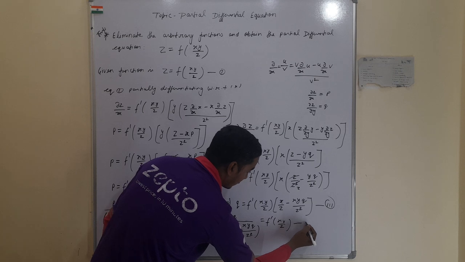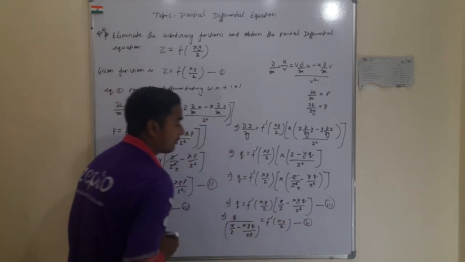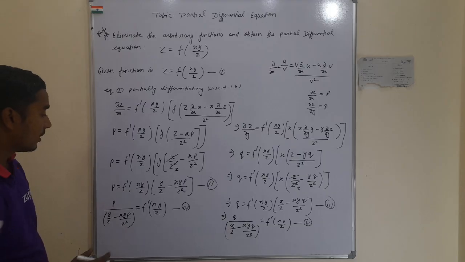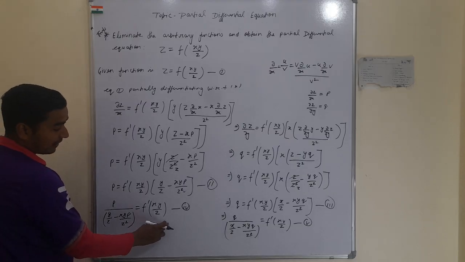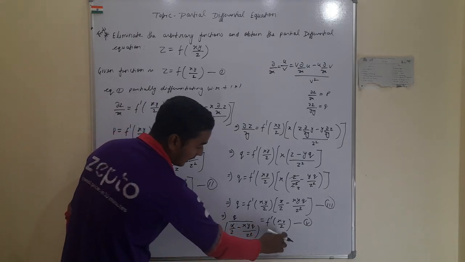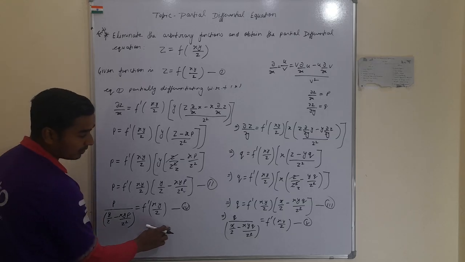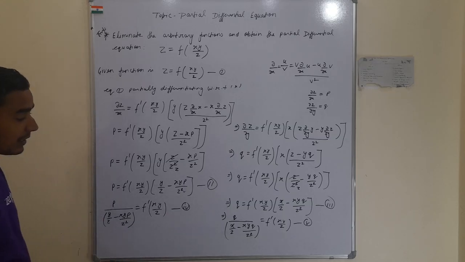Let this be equation 5. From equations 4 and 5, comparing the right hand side of equation 4 and the right hand side of equation 5, they are equal. The rule says that if the right hand sides of both equations are equal, then the left hand sides are also equal.